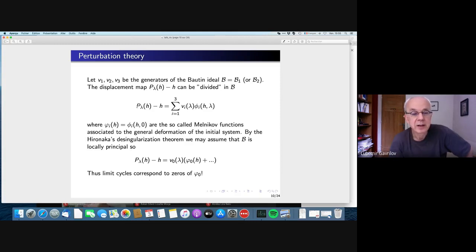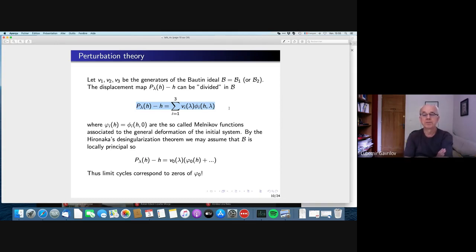But as everything is analytic, you can develop, and remember that in your development, if you have a center, everything is 0 because you have identity, so you can divide with respect to the ideal. I skip here the technical problems around this division, the radius of convergence, etc. The important fact is that you have such a division of this displacement function, the difference between the return map and the identity map.